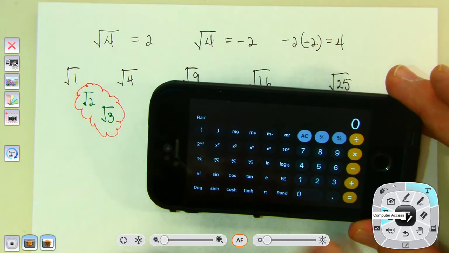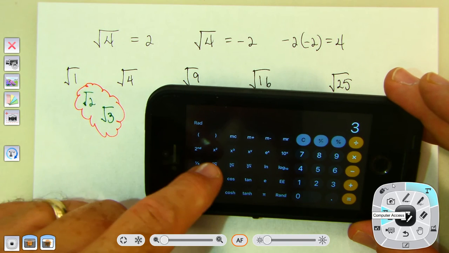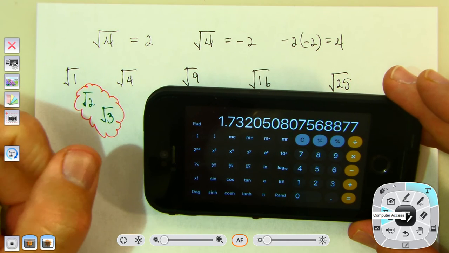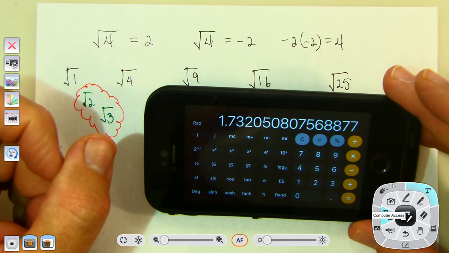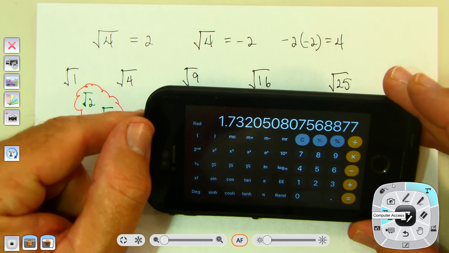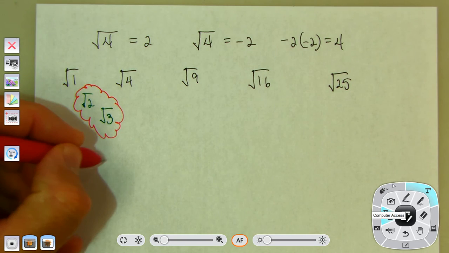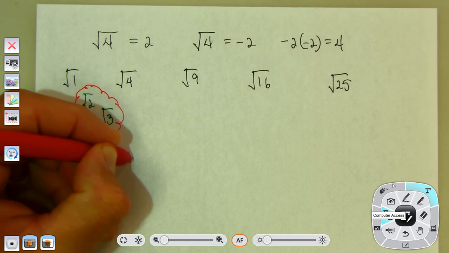Let's figure out, what is the square root of 3? Whoa. The decimal doesn't repeat. Goes on kind of forever and ever. So what I realized about that, the square root of 3 is irrational.